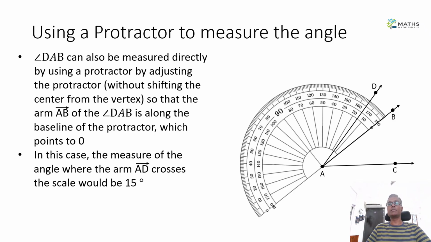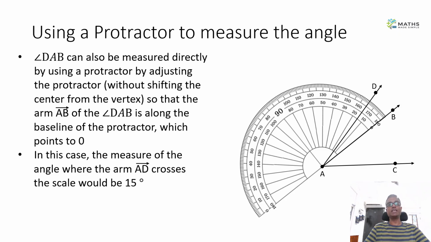Another way to determine angle DAB is to simply measure it by using a protractor. Now, in the previous slides, we have already seen how to measure an angle by using a protractor. So all you need to do is to align the protractor in such a way that the center of the protractor coincides with the vertex A and the arm AB of angle DAB is along the baseline of the protractor, which points to 0.